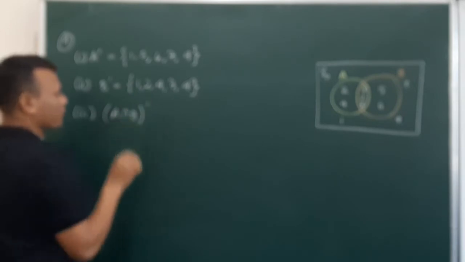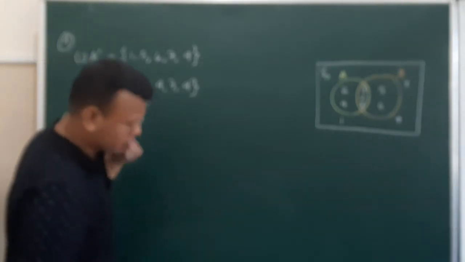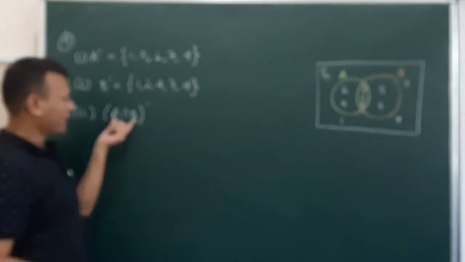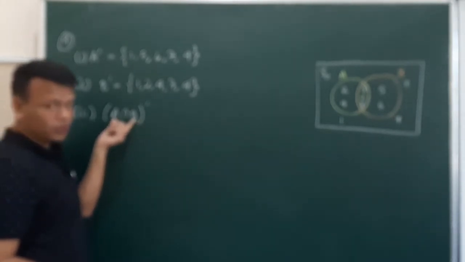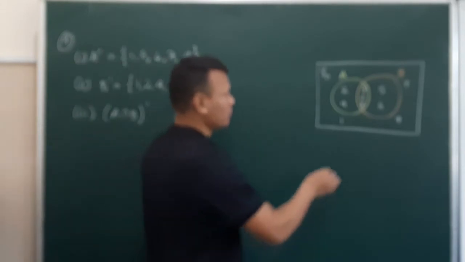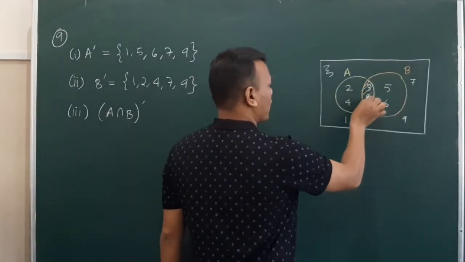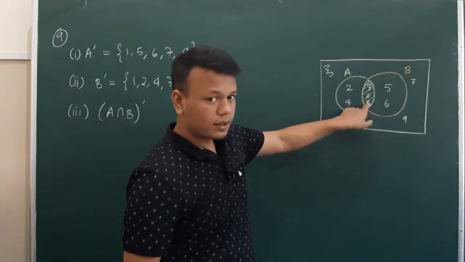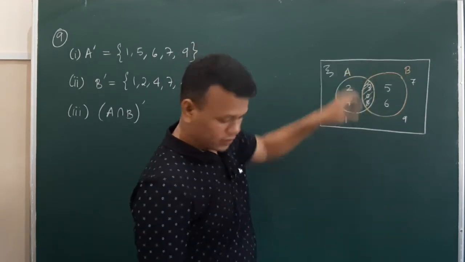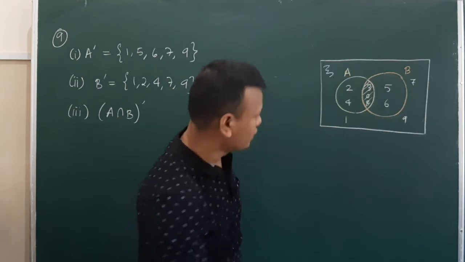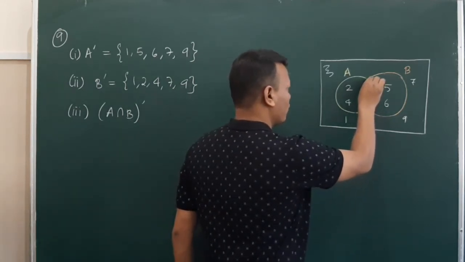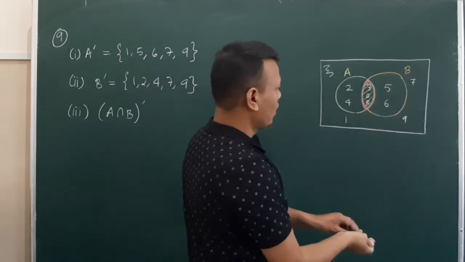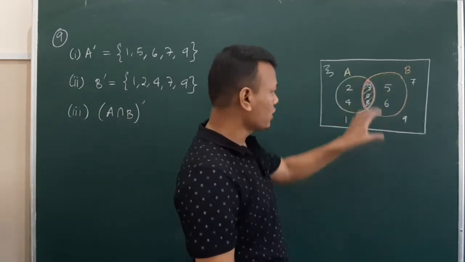The last one is this one. We need to calculate this, but before that we need to see what is our A intersection B. A intersection B is this part, and within this what is lying? 3, 0 and 8. So the complement of this set, please be careful with this, will be the elements outside this.